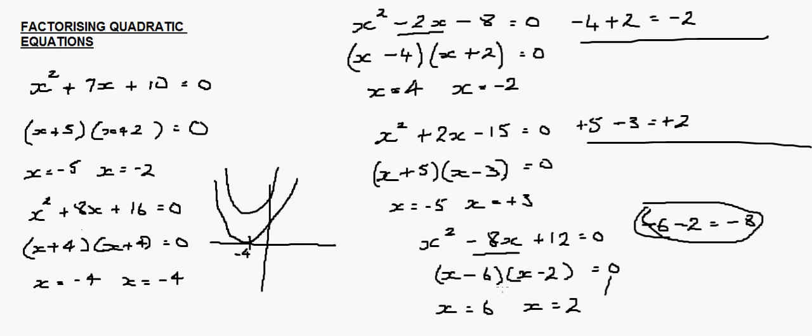Okay, so if we get positives and negatives or all negatives inside an equation, then don't panic. You still use the same rule, which is what times what will give you the number, but in some shape or form will give you the middle number. Okay, then do this little sum here, because that will crack it so quickly and the game is over.